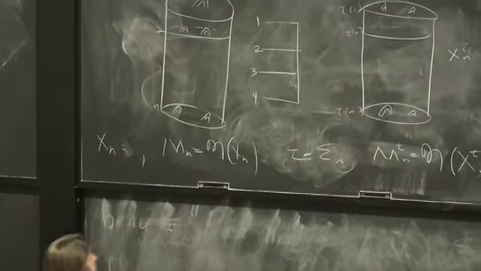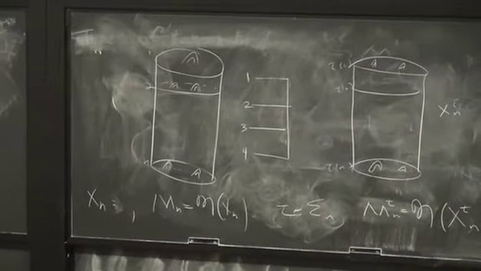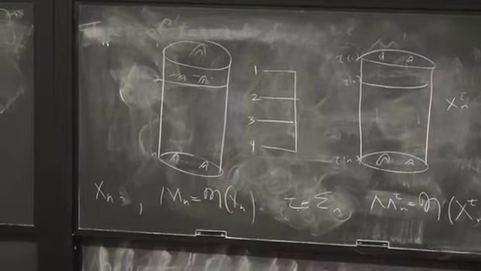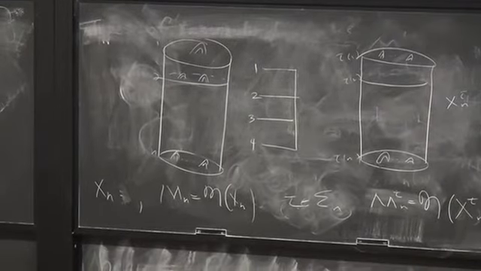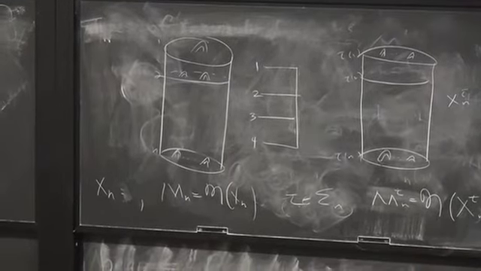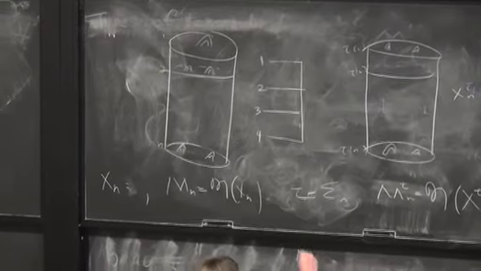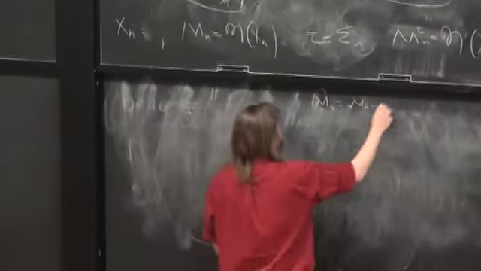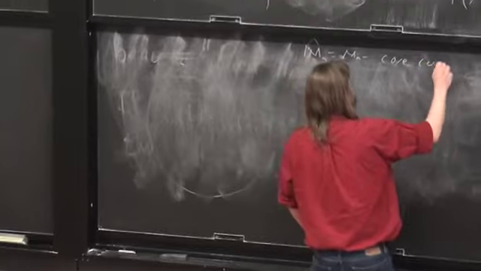So what I want to do is thicken it up, and I'm going to remove the core curve of the solid torus. So I'm going to make a manifold M_n hat equals M_n minus the core curve of the solid torus.